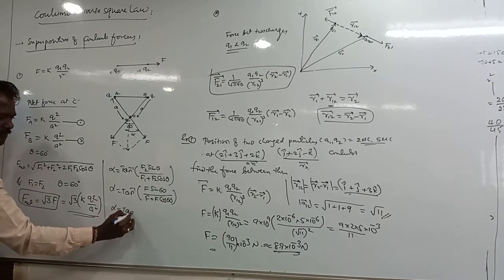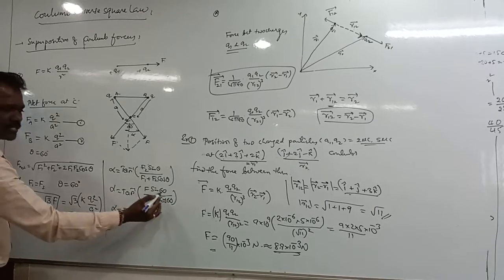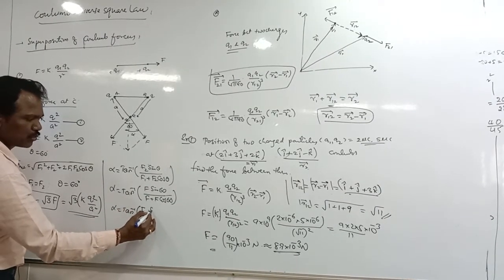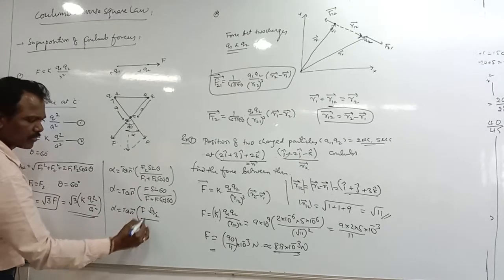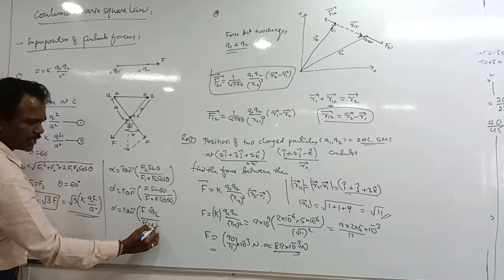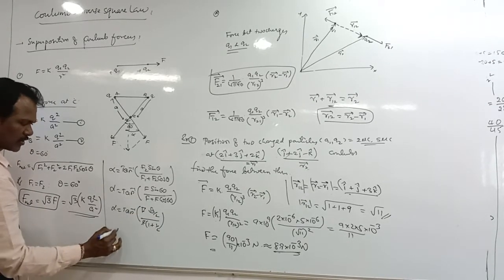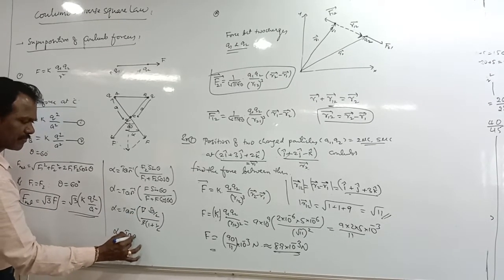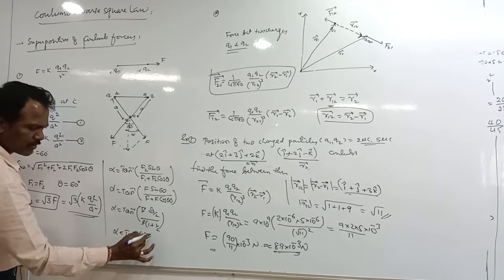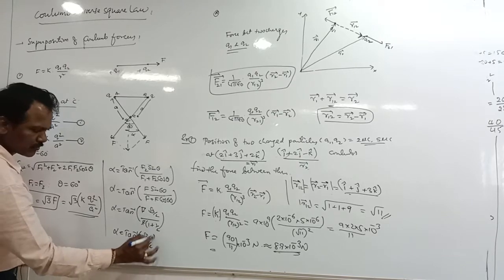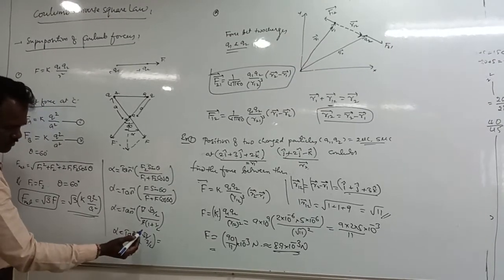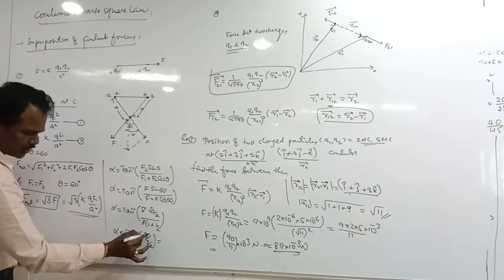Tan inverse of, sin 60 is root 3 by 2, F into root 3 by 2, F taking common, 1 plus 1 by 2. So alpha is root 3 by 2 by 3 by 2, right? So the 2 cancels out here.